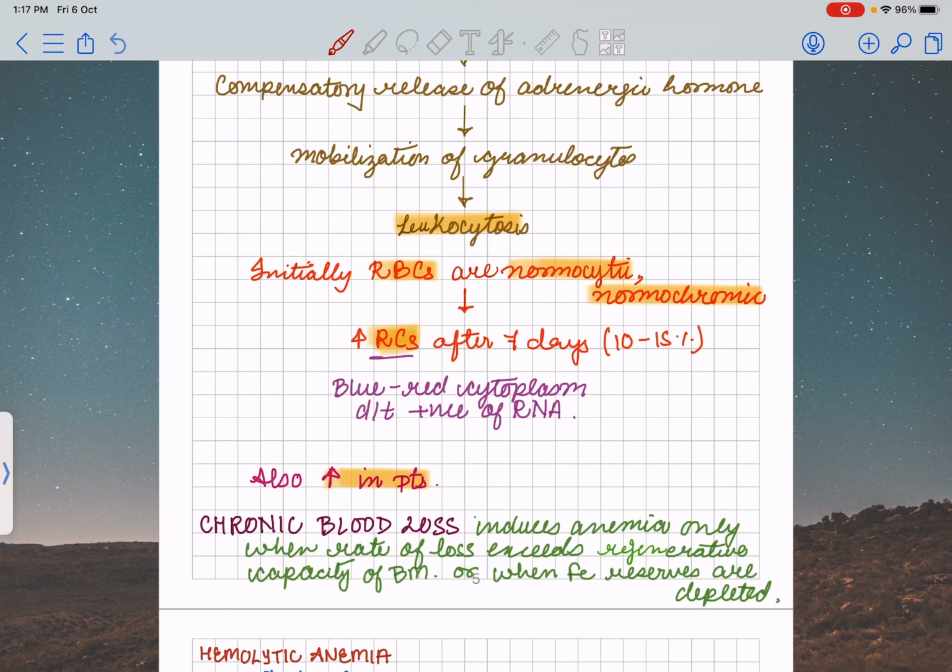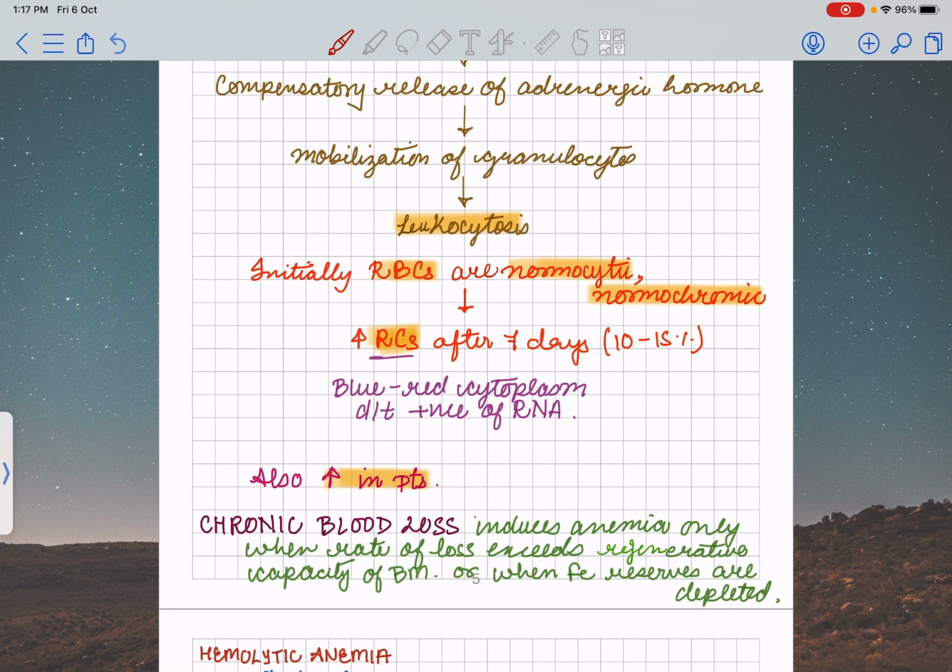In the case of periods, women lose a lot of blood during menstruation, but there isn't a severe blood loss because the body knows it will happen. So the body has already prepared a mechanism to fight it off, so you won't experience any severe fatigability, paleness, or dizziness because the body is prepared for that. So these come under chronic blood losses.